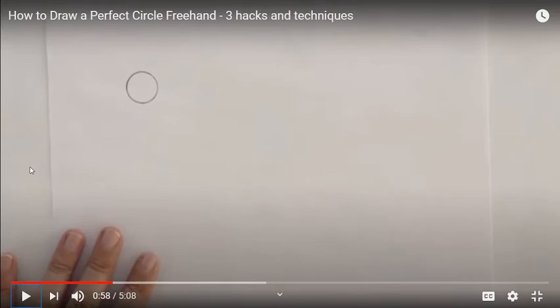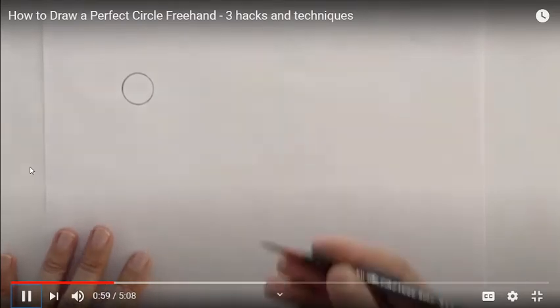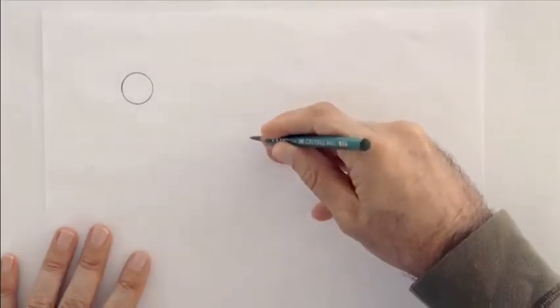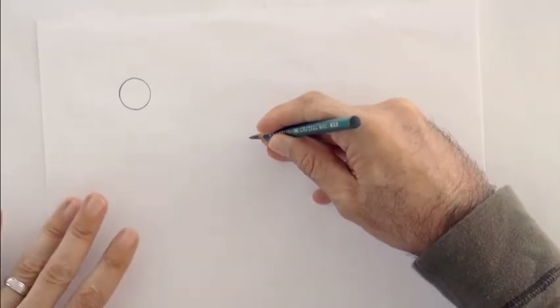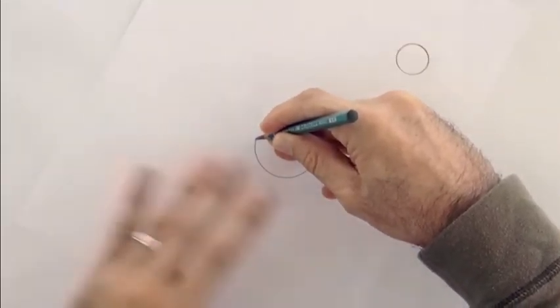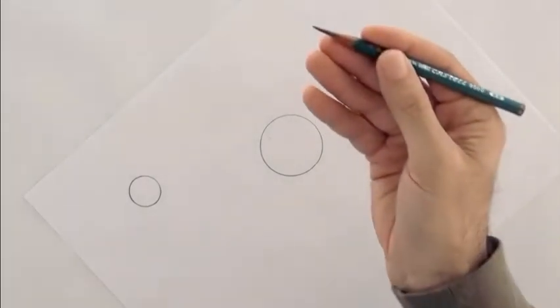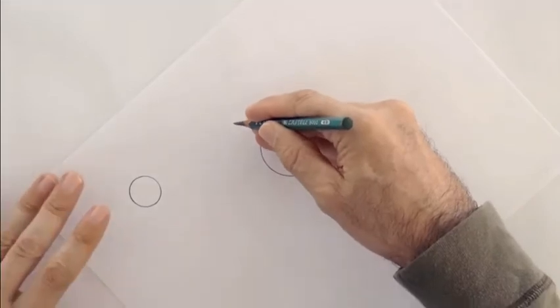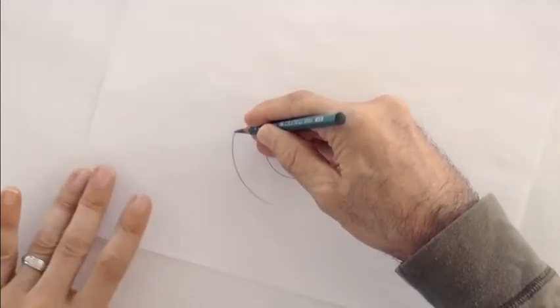Axis. If you want a slightly bigger circle, use two fingers, like this. Good. For a still larger one, use 3 fingers and place the pinky down, like so.